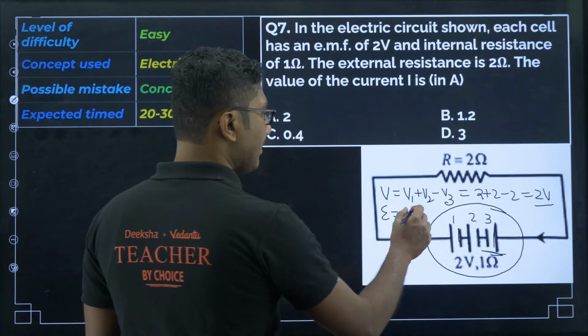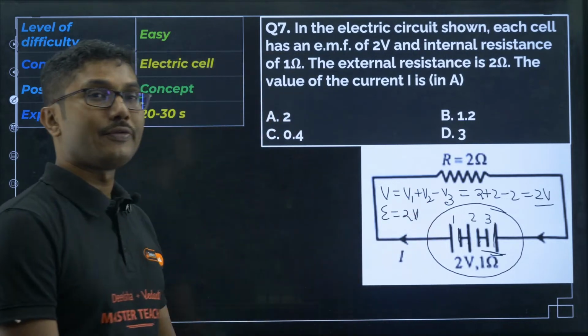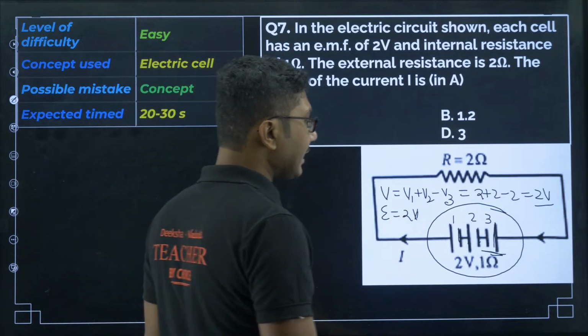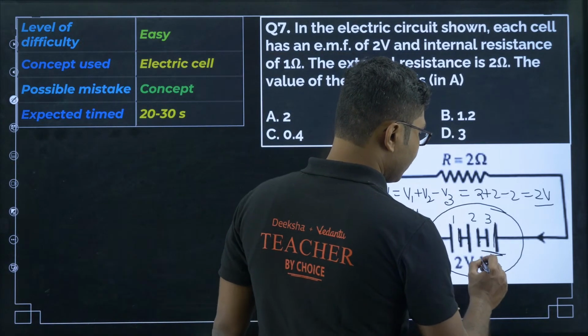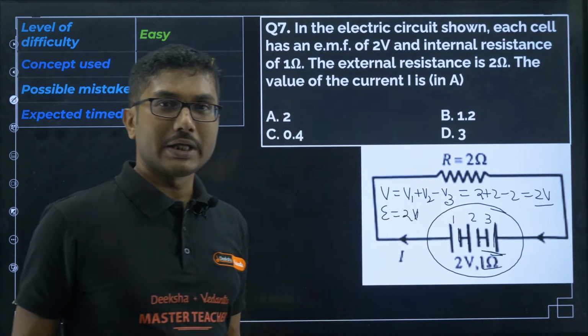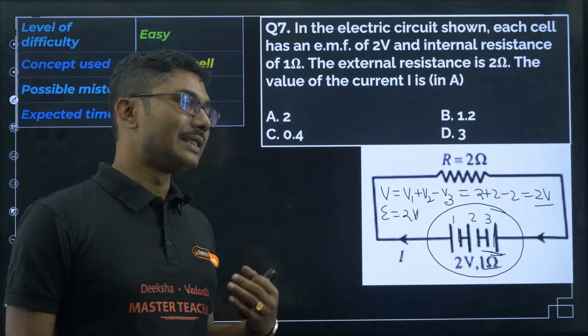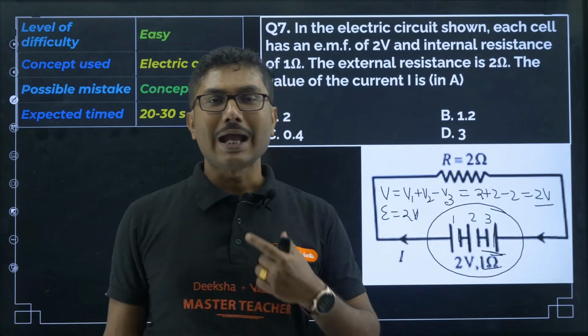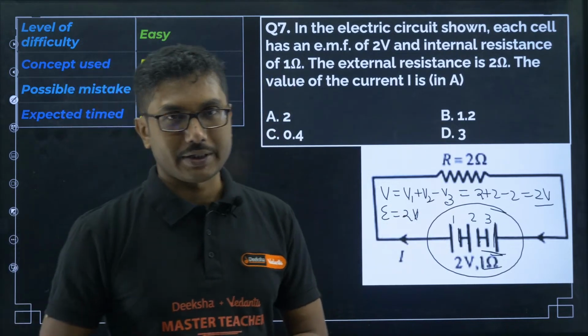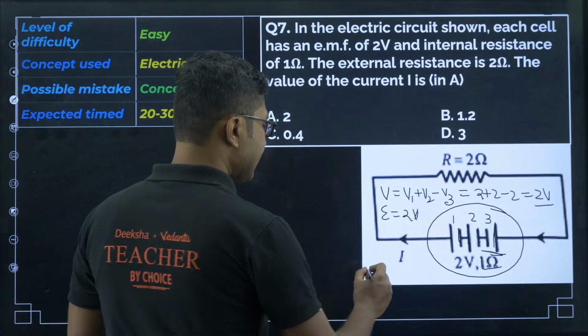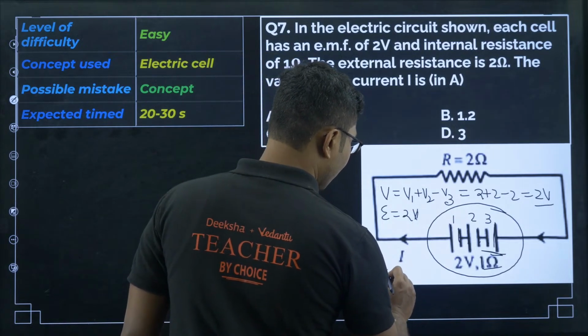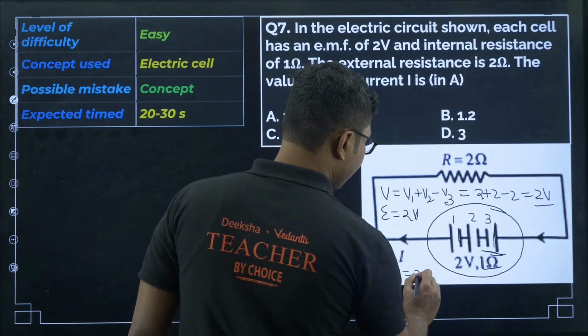The equivalent EMF is 2 volt, but what about the equivalent resistance? The resistance will be added, no matter how they are connected, in series or anti-series. The resistance cannot be subtracted, that is the main thing. So resistance will be 1 plus 1 plus 1, that is 3 ohm.